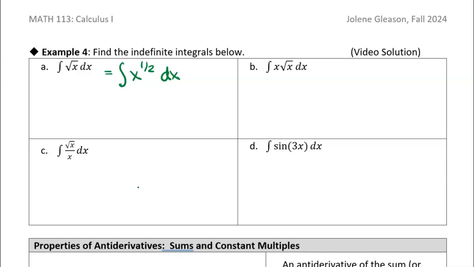I'm just changing the square root to a 1/2 power. But I haven't taken the antiderivative yet. So if you're just rewriting the integrand, you want to keep the integral and the dx, okay, to indicate that you have not found the antiderivative yet, okay? So make sure you do that.